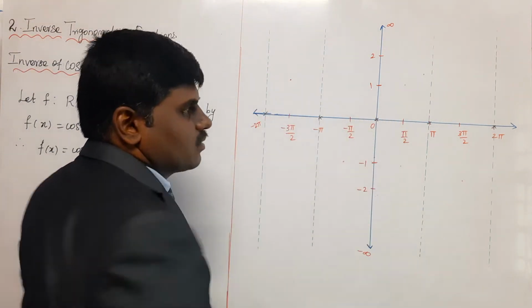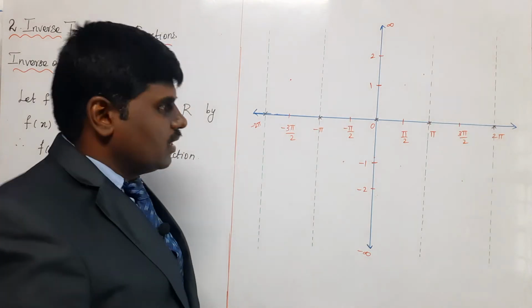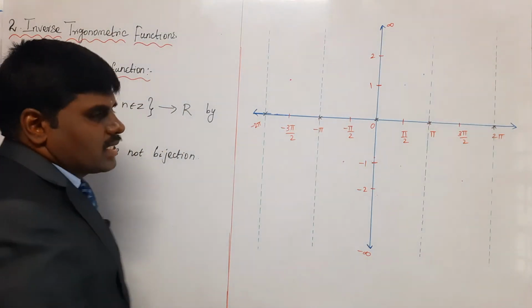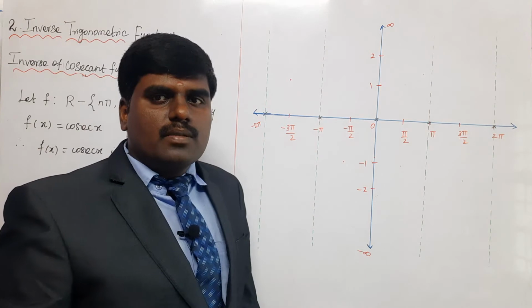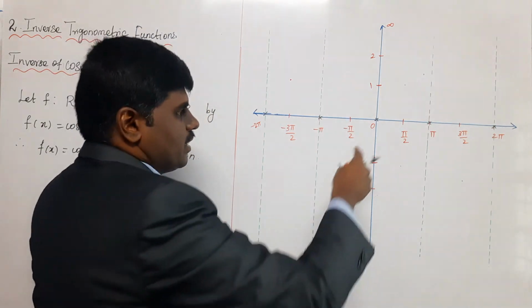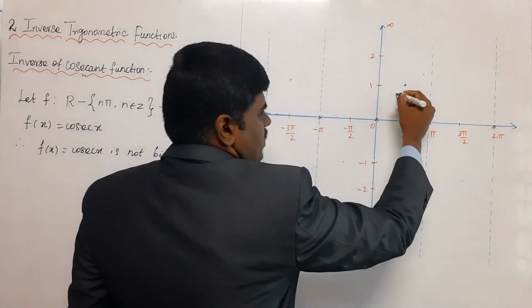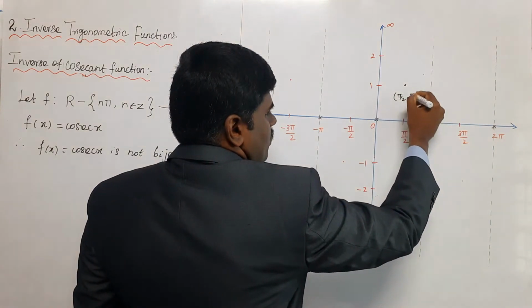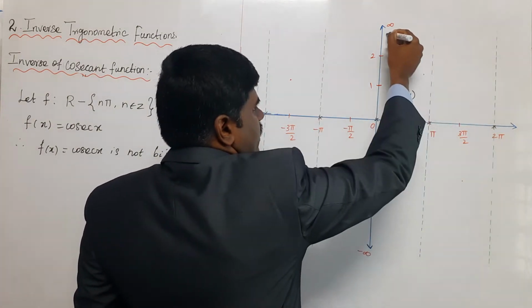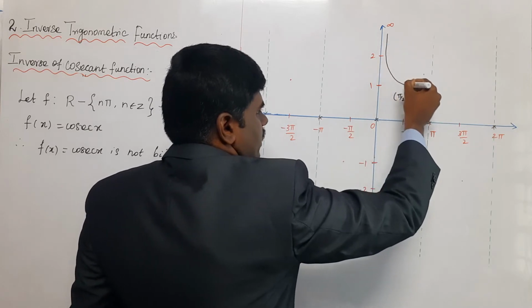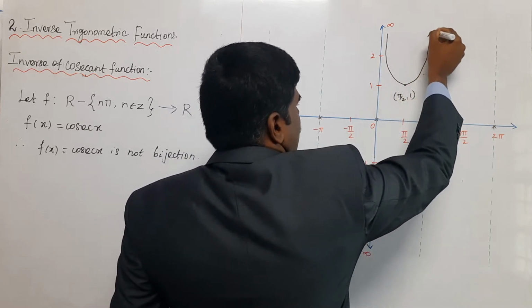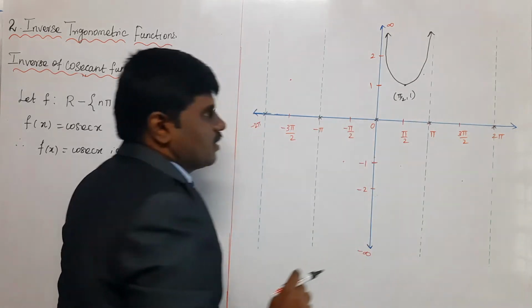Now what's the value of cosecant pi by 2? It is 1. So the point is pi by 2 comma 1, and the curve moves from here to here.